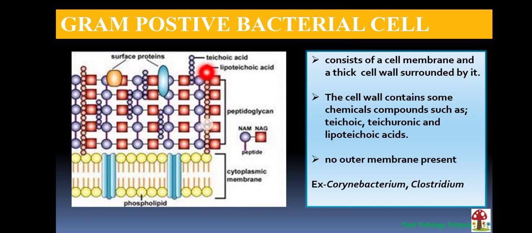The difference between teichoic acid and lipoteichoic acid is that when the teichoic acid is anchored to the lipid of the cytoplasmic membrane, it is called lipoteichoic acid. The function remains the same, but the constituent is different. So now you are clear about gram-positive bacteria.